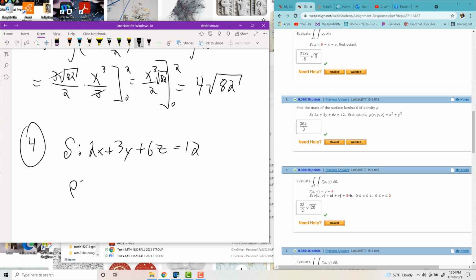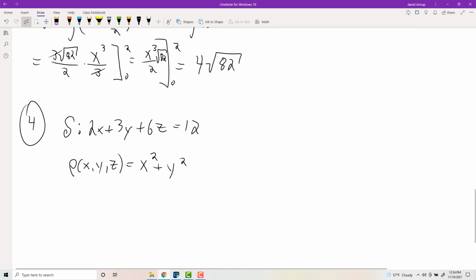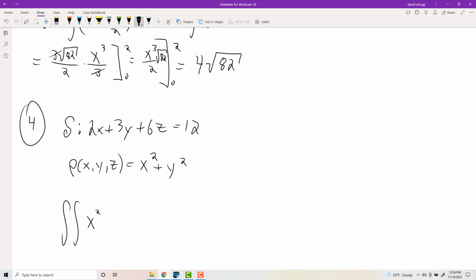And then we want to work with this character here, x squared plus y squared. And so my double integral will be of x squared plus y squared over this region. So I'm going to rewrite it.